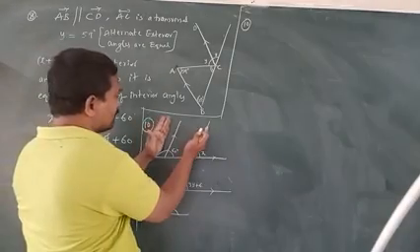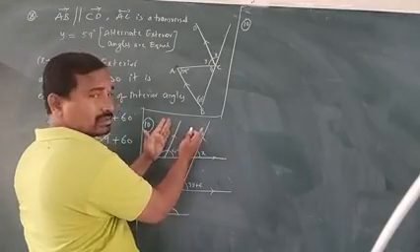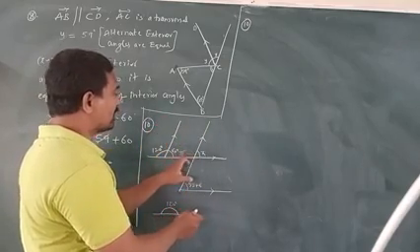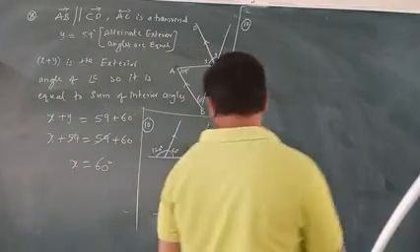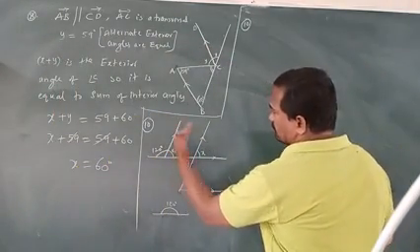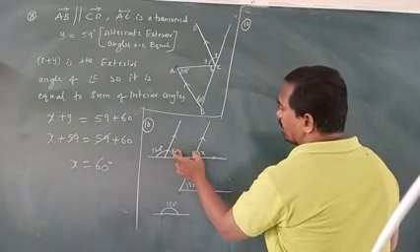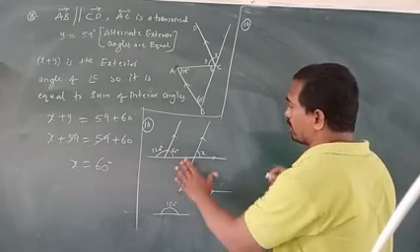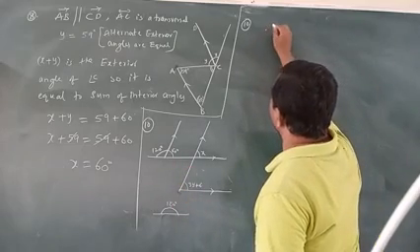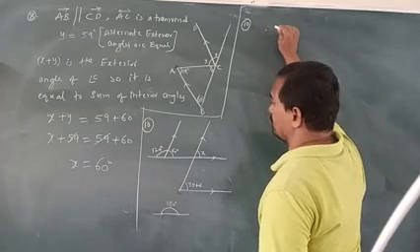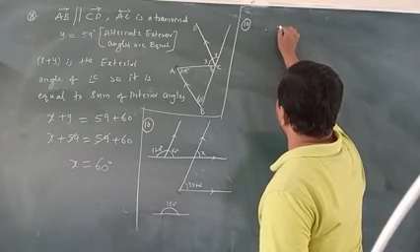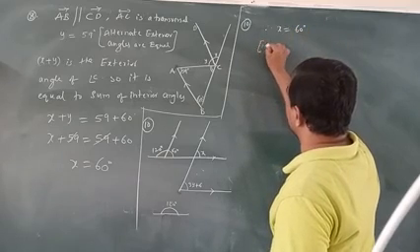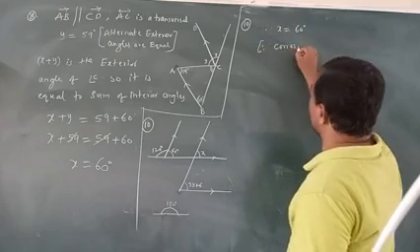Now observe, these two are parallel lines, so these two angles are corresponding angles. 60 and x are corresponding angles. Therefore x equals 60 degrees, because corresponding angles are equal.